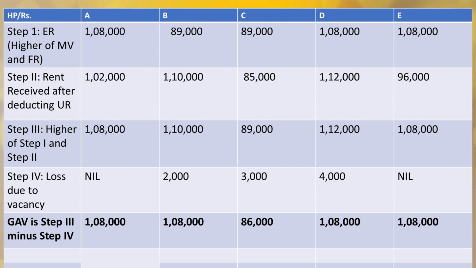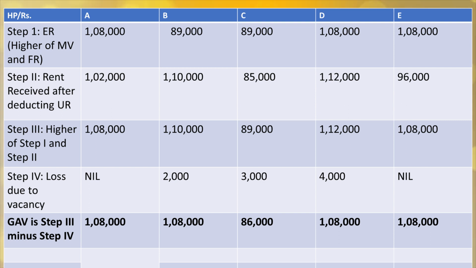So we will deduct the unrealized rent from the actual rent received, and these are the figures. Step 3, higher of step 1 and step 2, and accordingly in case of house A it is 1,08,000, house B 1,10,000, house C 89,000, house D 1,12,000, house E 1,08,000.